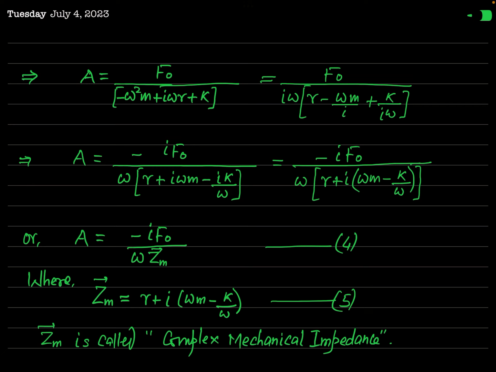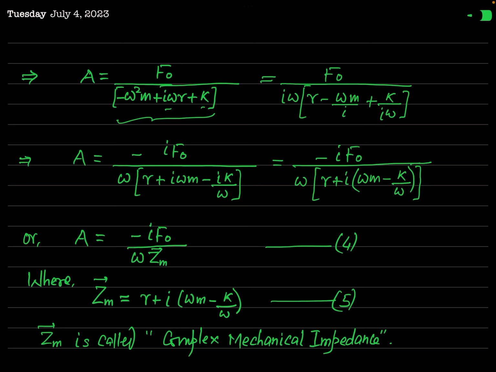So A will be f naught over minus omega square m plus i omega r plus k. Now let us simplify this result to some extent.